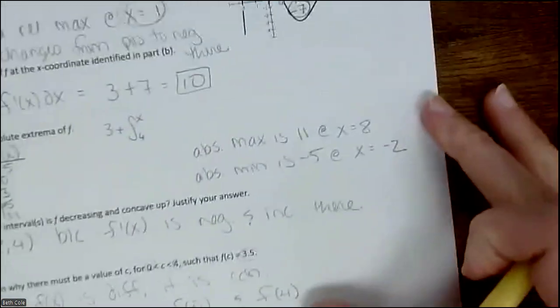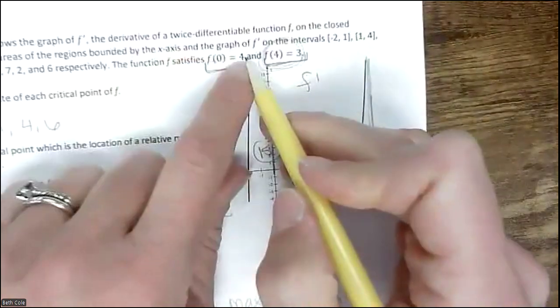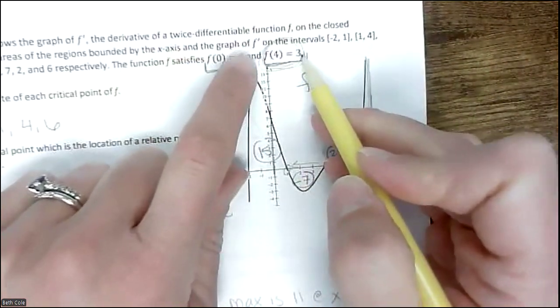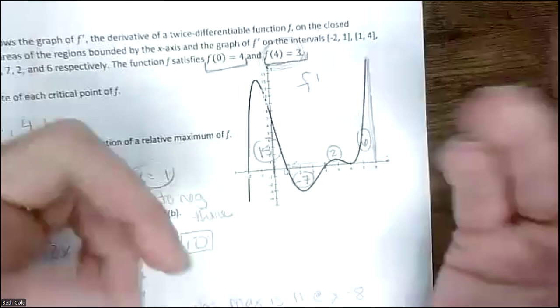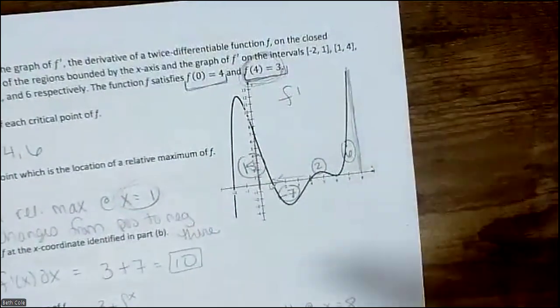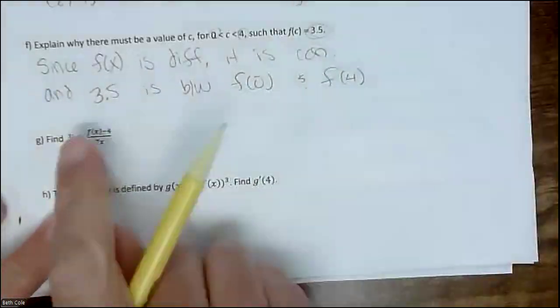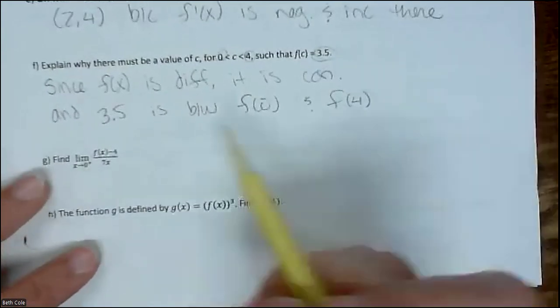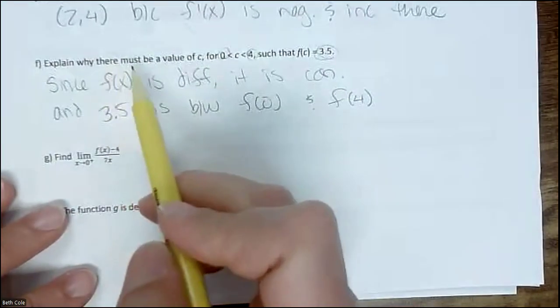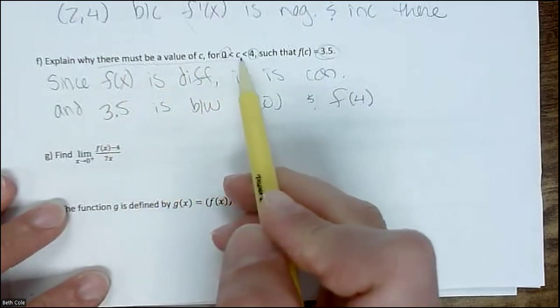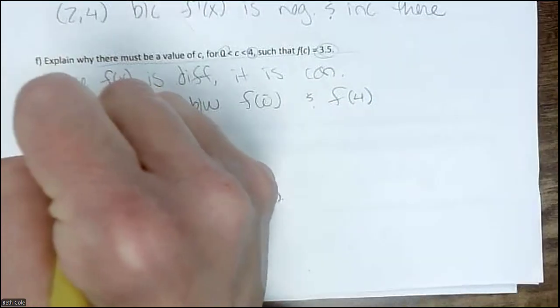I mean, let's go check. F of 0 is 4, f of 4 is 3. Is 3.5 in between those? Yeah, I mean, they're going to make it work, right? And then you say those two things, and then you restate the problem. There must be a value c, blah, blah, blah. Just recopy it.